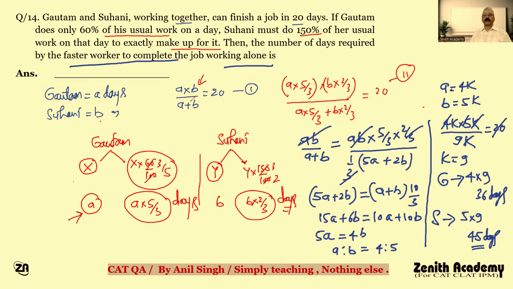Faster worker will definitely complete the work in less number of days. So here it is 36. So Gautam is the faster worker and he will finish the whole work in 36 days. So the answer is 36 days. This is our answer.